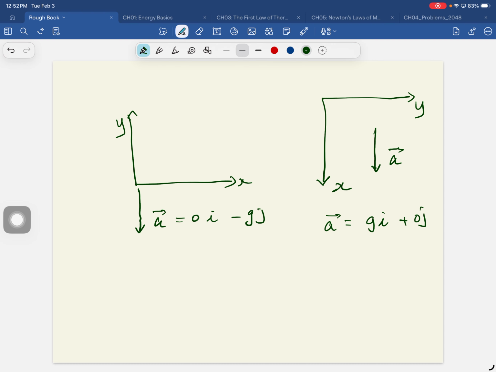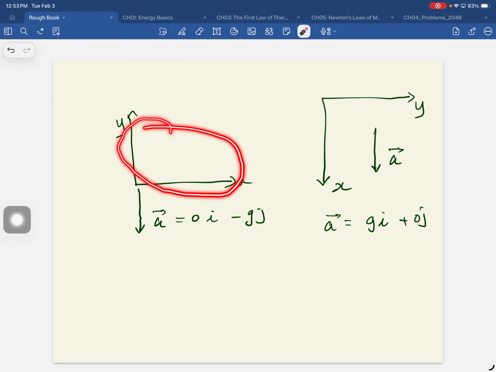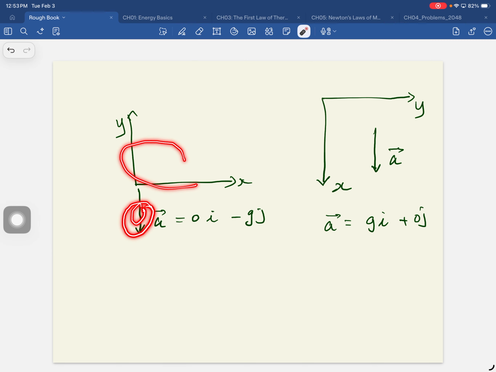Did you understand that? Yeah. Okay, so this is the language you choose to speak in. This is what you're trying to say. The magnitude and direction of this vector doesn't change. In this language, that's how you say this.